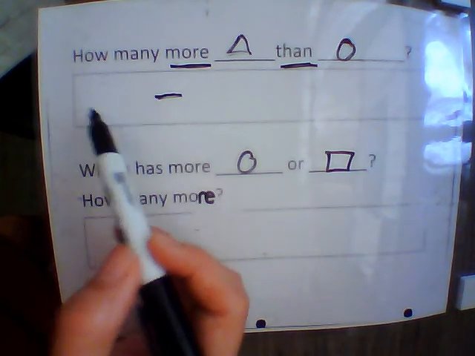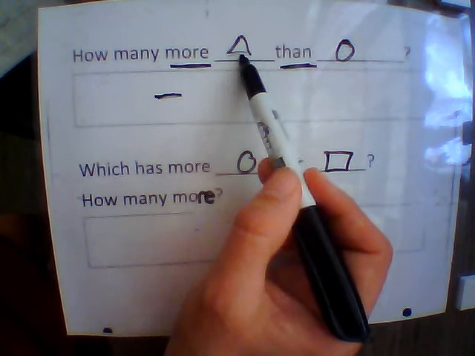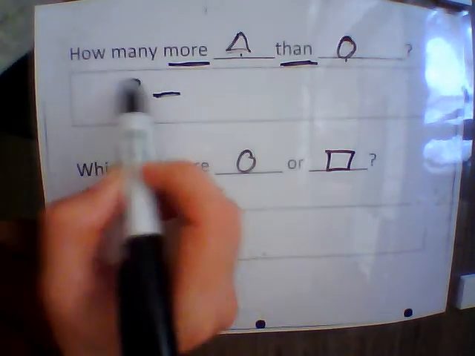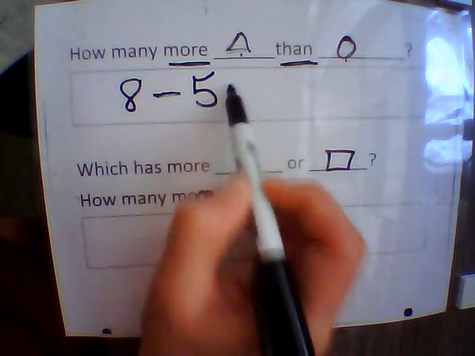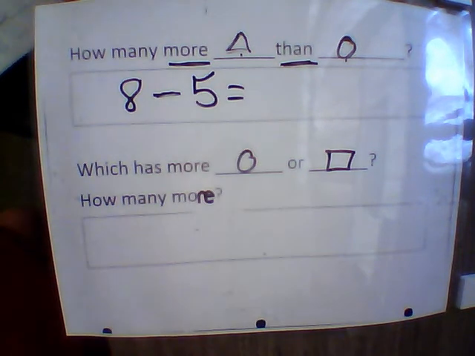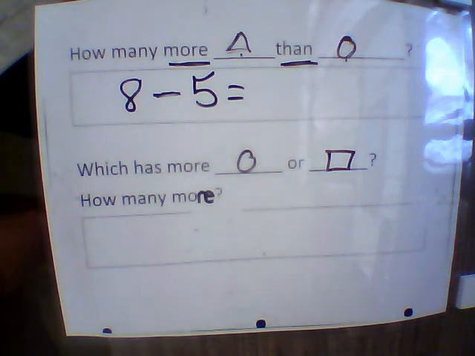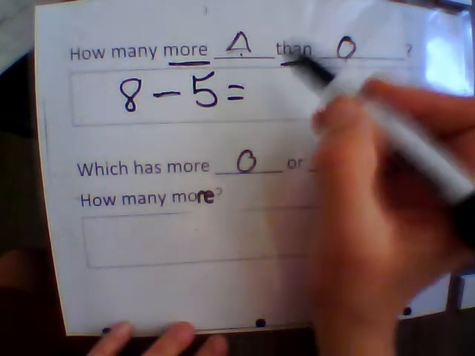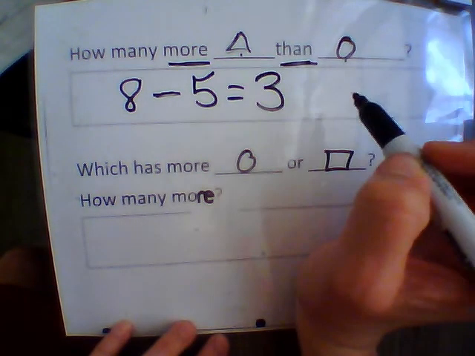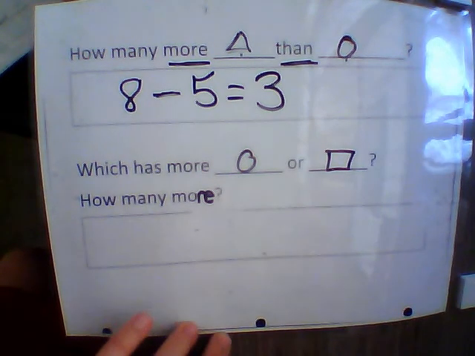So we have the triangle and we have the circle. So we'll focus on those today. We have triangle, we have 8, and we have circle with 5. So 8 we're going to start with. 8 minus 5 equals, solve that. And you should have gotten 3 more triangles than circles.